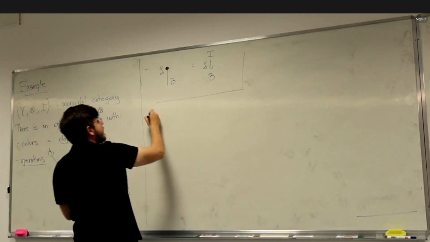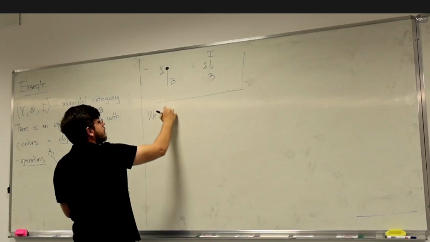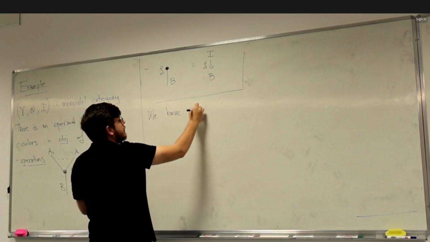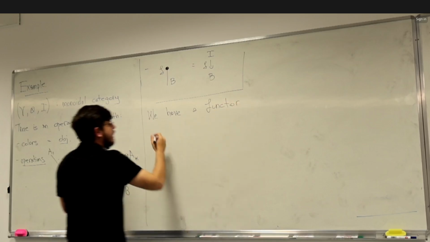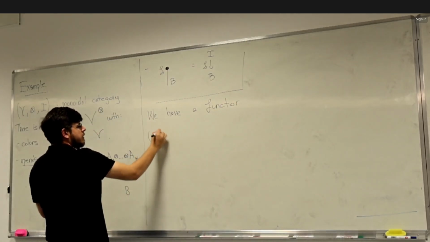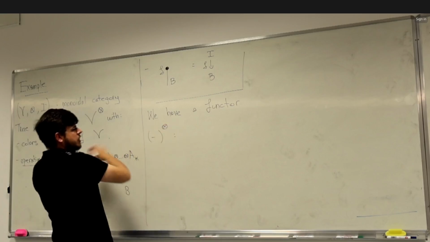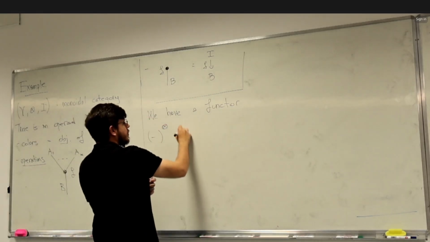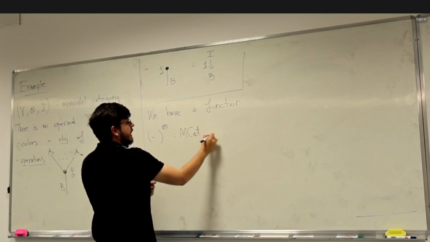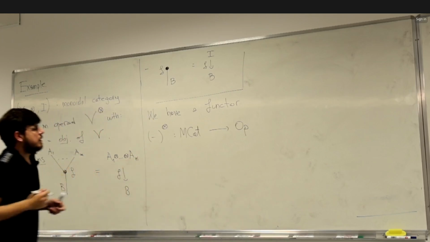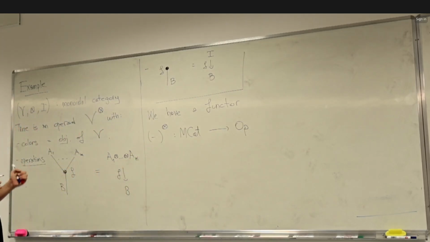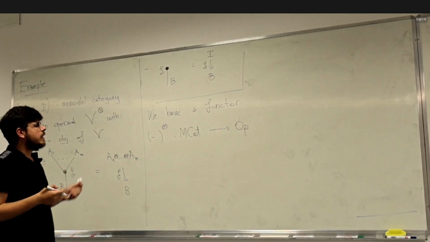So we have a functor which does this, from monoidal categories to operads. Every monoidal functor gives us morphisms of operads.